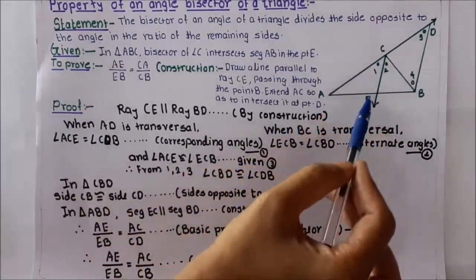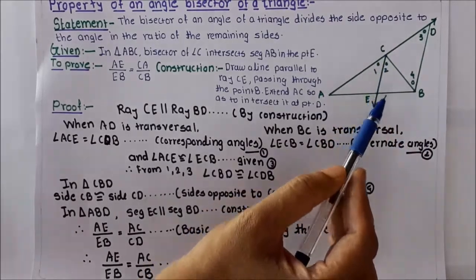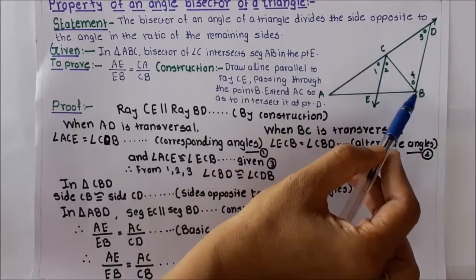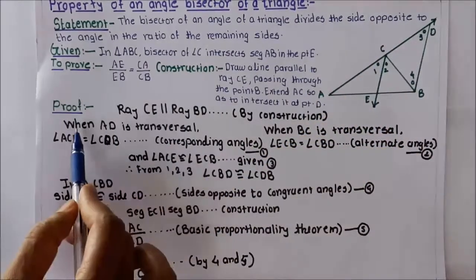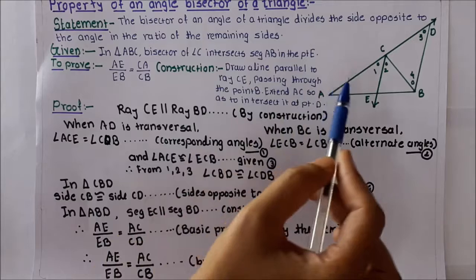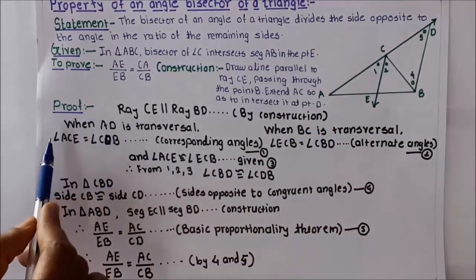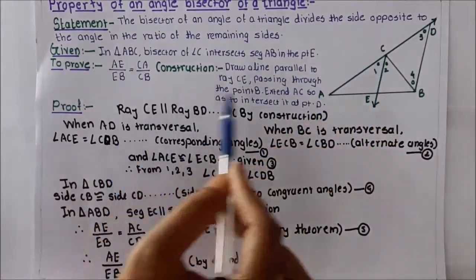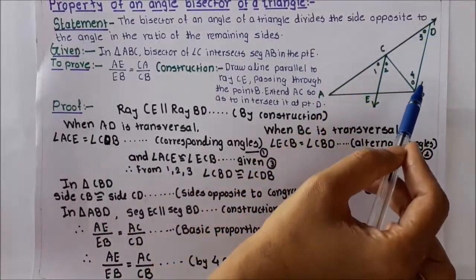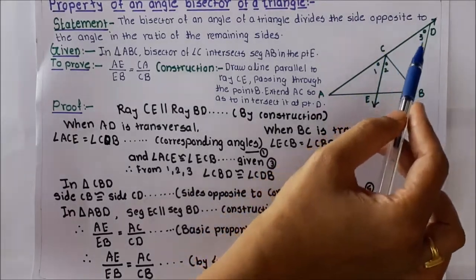As ray CE and BD are parallel, you can see here there are two transversals. One transversal is BC and the second transversal is AD. When AD is a transversal, means this one, you can see angle ACE is equal to angle CDB. You can tell me the reason: these are corresponding angles.